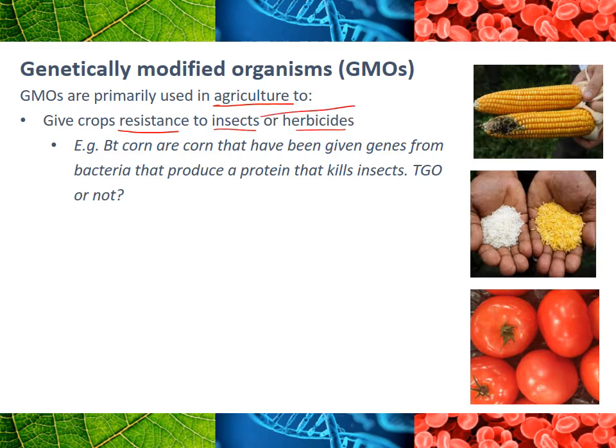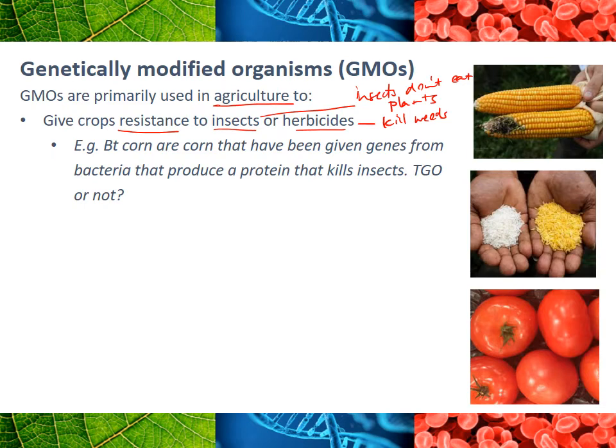If we give resistance to insects, it means that insects don't eat the plants, which is obviously a good thing for farmers. Herbicides are used to kill weeds, and often farmers will spray their crop with herbicides to kill all of the weeds, but it's important that the crops don't get killed as well. So the crops have resistance to those herbicides.